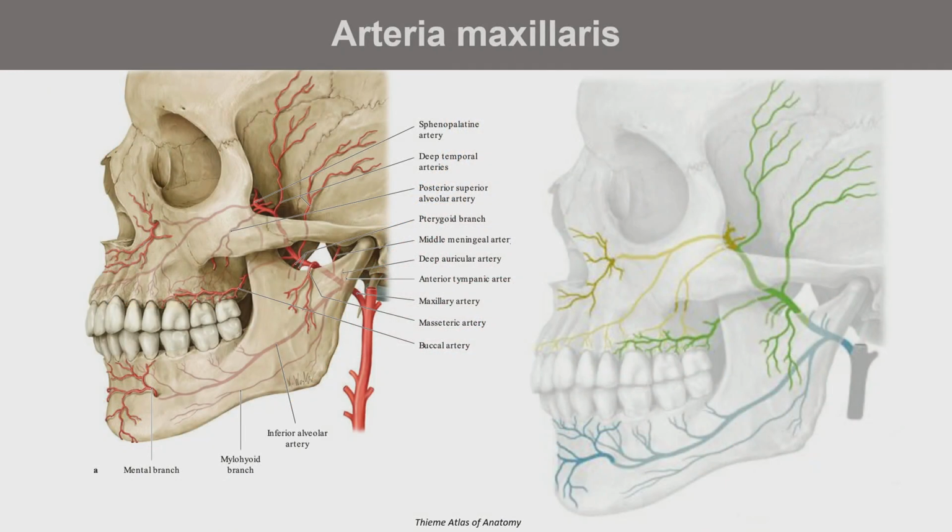So the maxillary artery has some divisions. The first division is supplying the mandible and also the meningeal artery. Then we have a middle, which is supplying the deep temporal, deep part of the temporal muscles, and also the soft tissues in the pterygopalatine fossa.